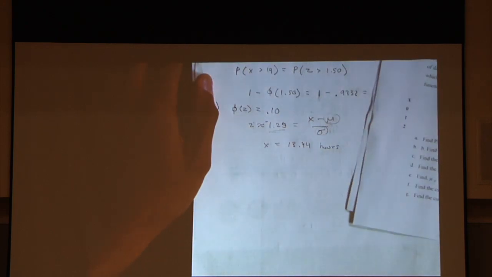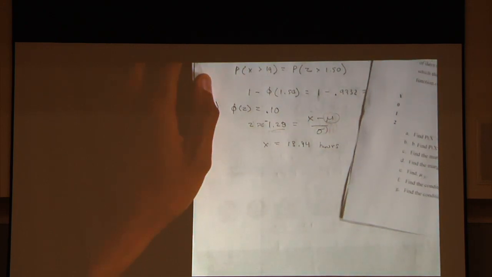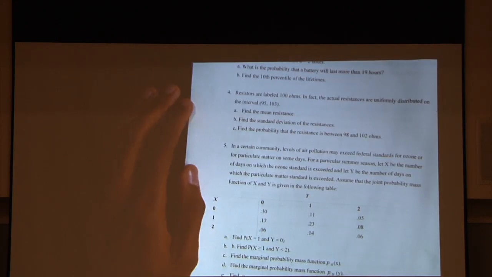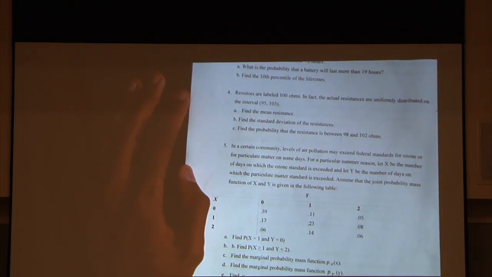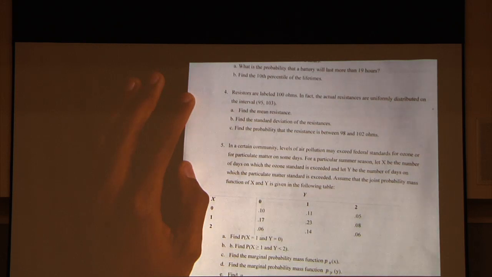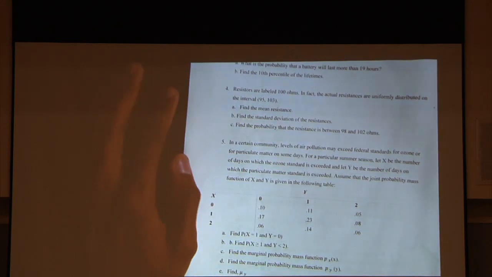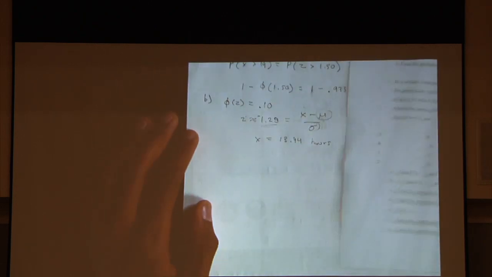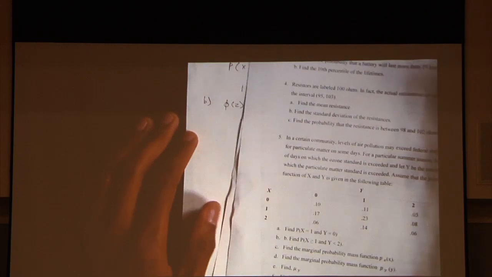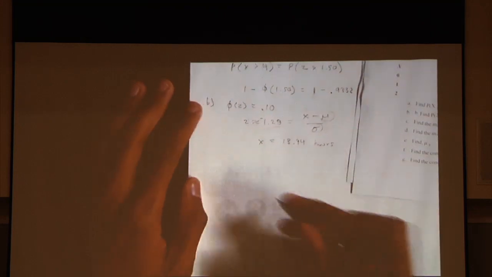Now we go to number 4, which says resistors are labeled 100 ohms. In fact, the actual resistances are uniformly distributed on the interval 95 to 103. Find the mean, standard deviation, and then the probability of a certain interval.